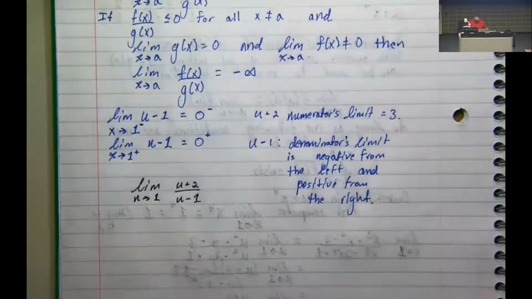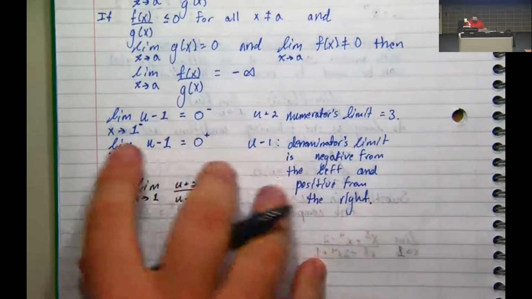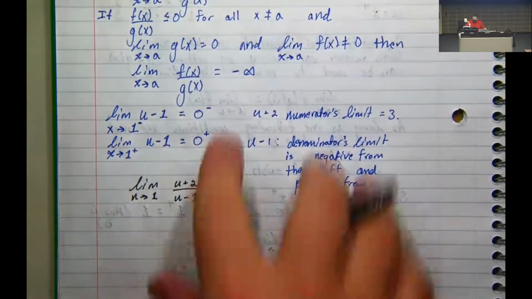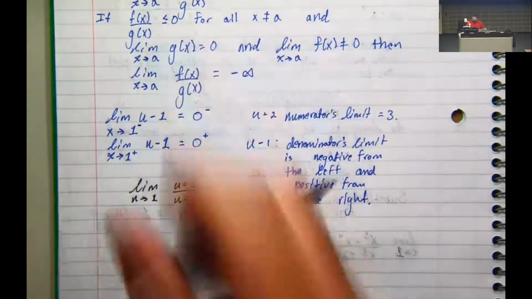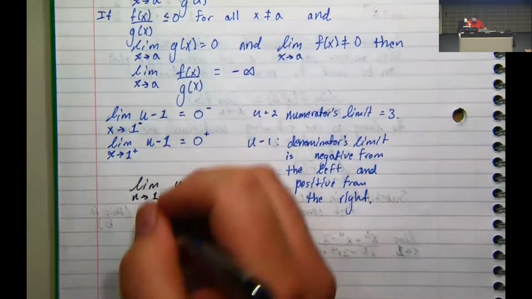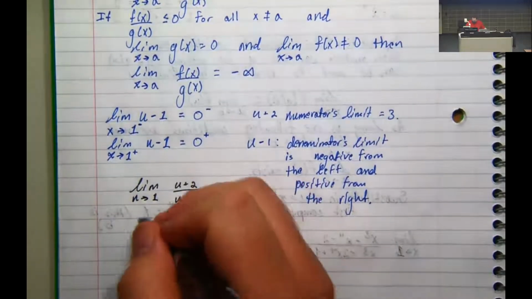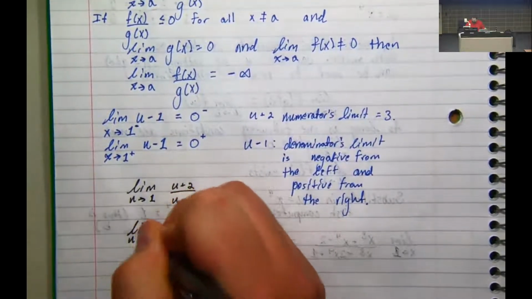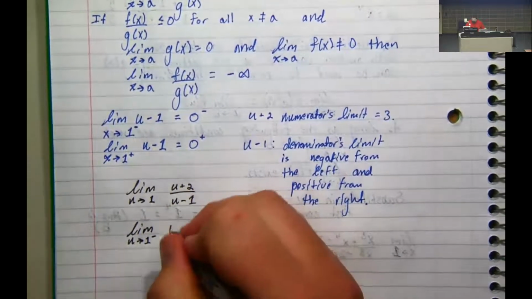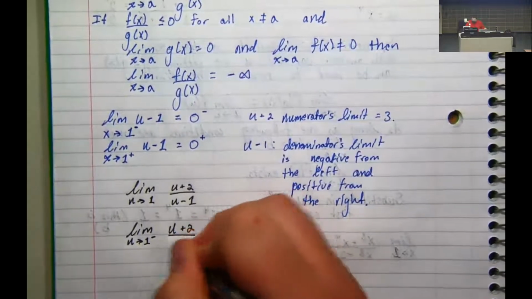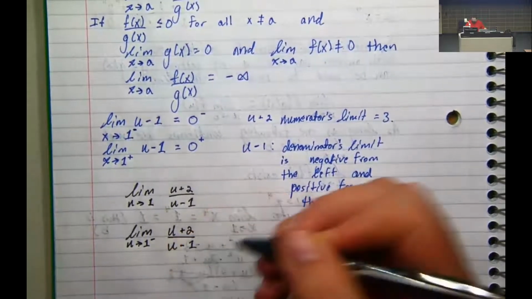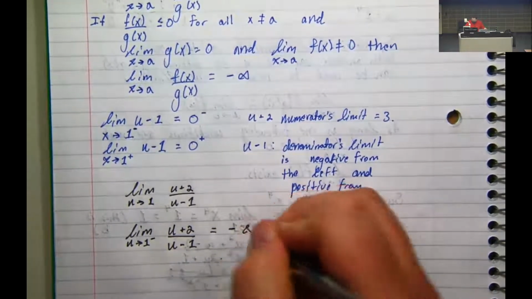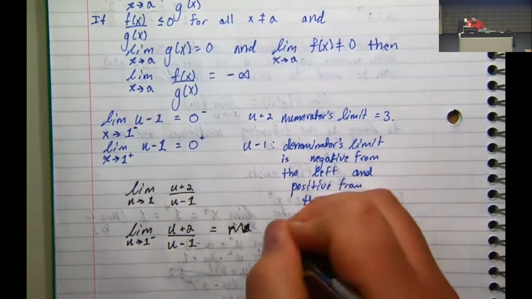So in our first case here, when we're coming from the negative, that means it's going to be the second case. So this limit we're going to rewrite as two-sided limits. So the limit as u approaches 1 from the negative of u plus 2 over u minus 1 is equal to negative infinity.